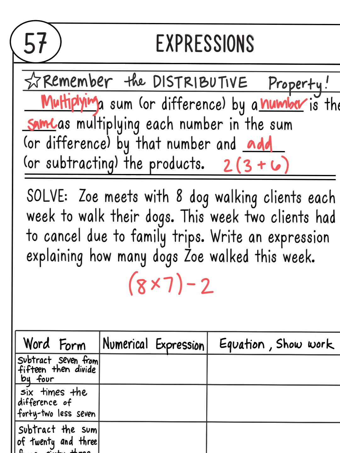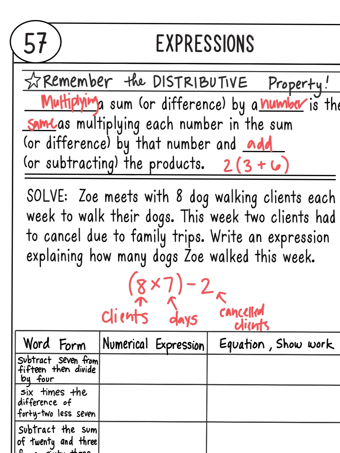So let's talk about what each of these represents, okay? This 8 represents the clients. 7 represents the days. And what does the 2 represent? The cancellations. So the canceled clients.